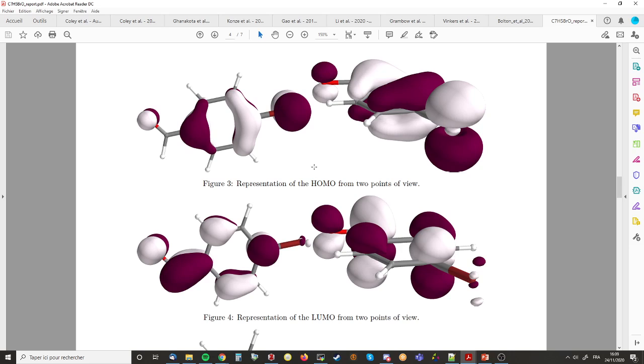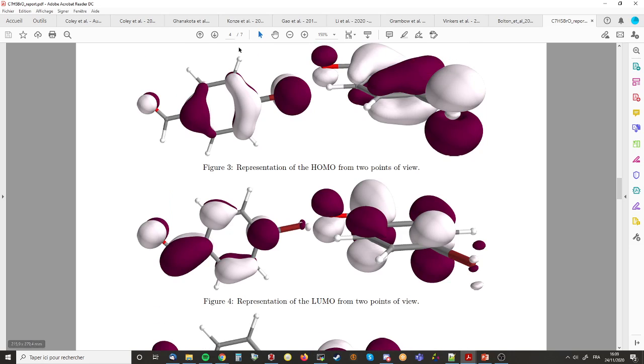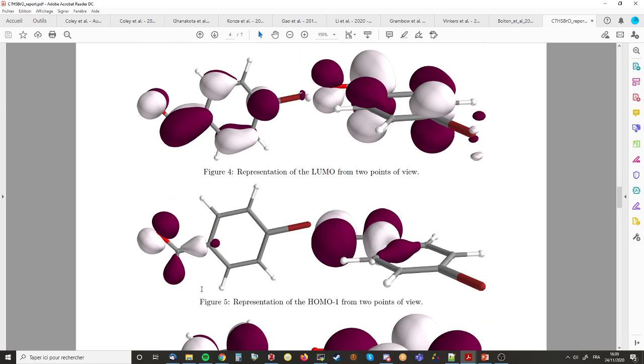Okay, so here you have your HOMO, LUMO. For example, if you have a HOMO that is quite centered on the bromine and there is nothing here, and the LUMO where there is nothing on the bromine and quite a lot here, you have the bromine as a donor and the carbonyl as an acceptor part, like a donor-acceptor HOMO-LUMO transition.